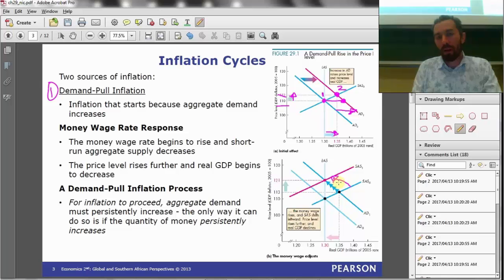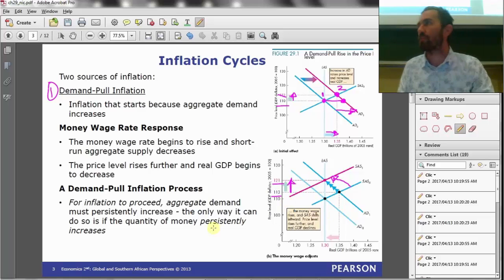Now with our supply response, we're going from 113 up to 121. There's a further price increase. So our initial increase in aggregate demand raised prices, but then the supply side response raises prices even more. Okay?